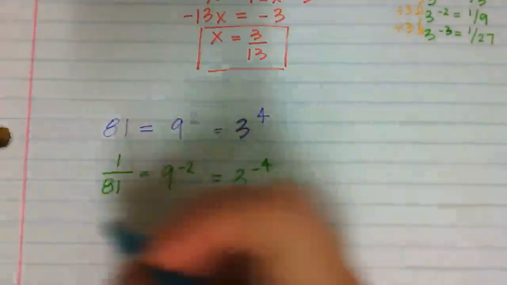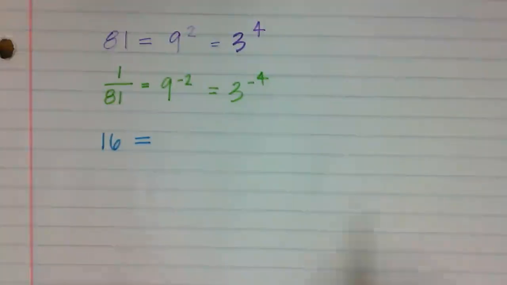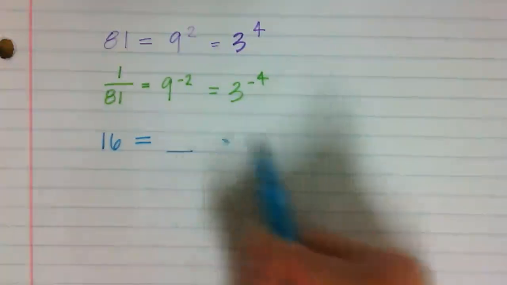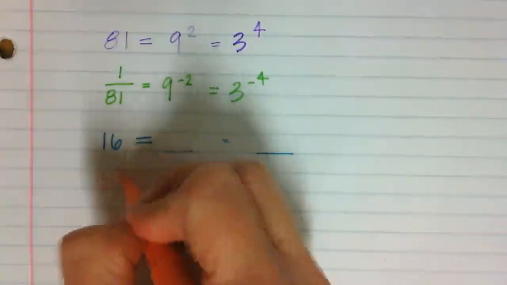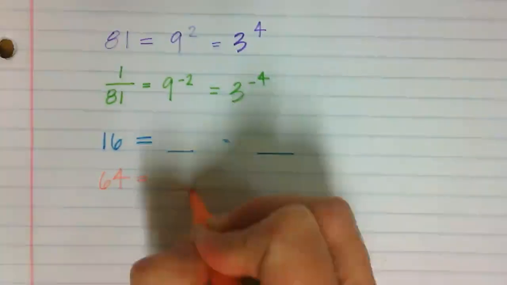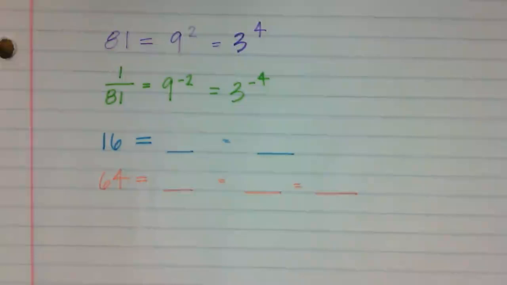All right, so I want you to think of ways to get 16. We have 2 ways to get 16. I want you to think of how you can get 64. There's actually 3 different ways to get 64.